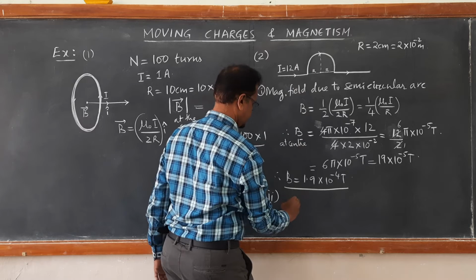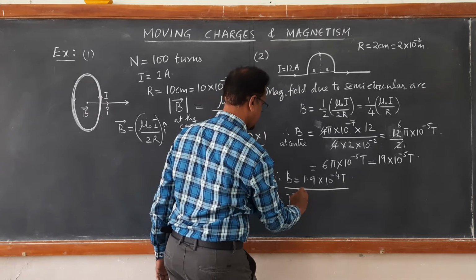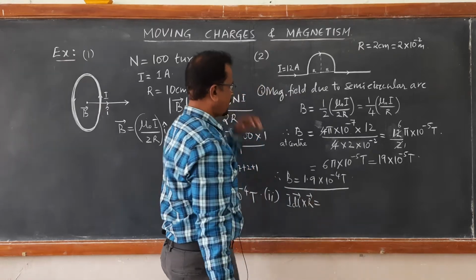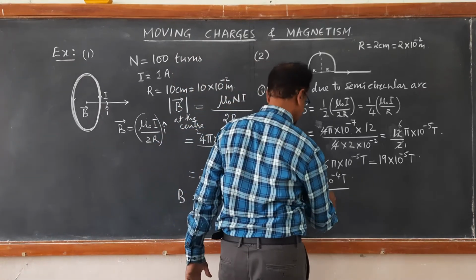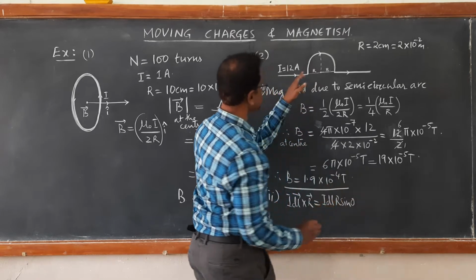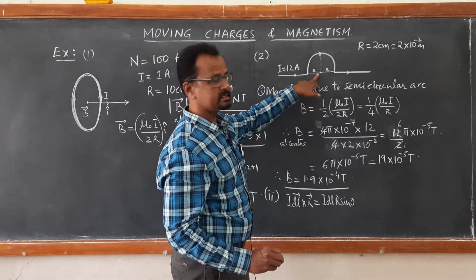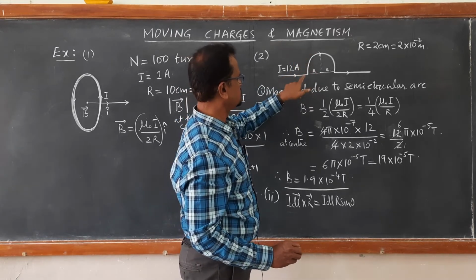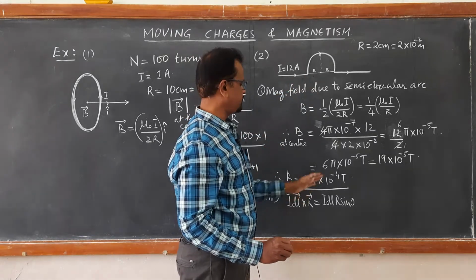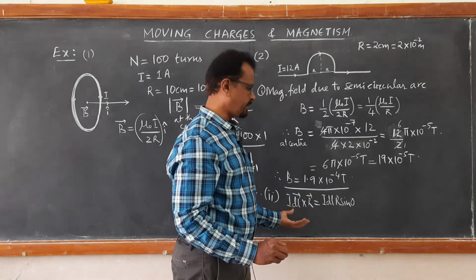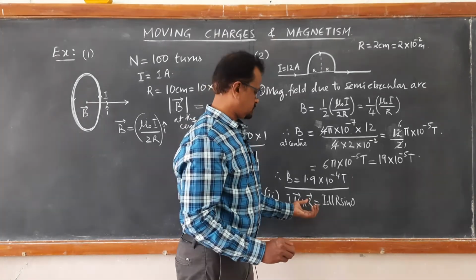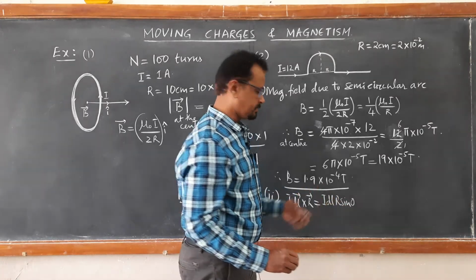Idl cross R, it is going to be Idl R sin 0, because the angle between this current element and the radius vector is 0. The angle is 0 because it is along the same line. Therefore, sin 0, I am applying the Biot-Savart law, Idl cross R. So Idl R sin 0 becomes 0.